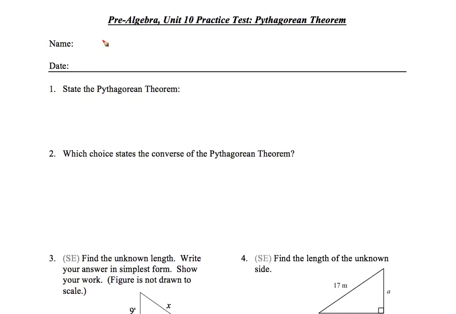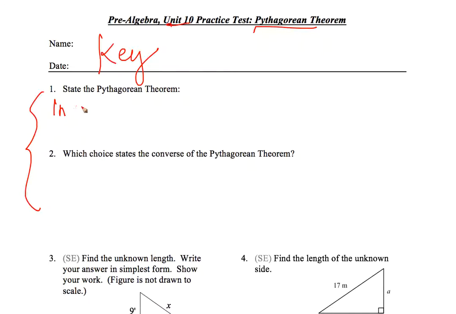All right, hi, we're going to go through the key of our practice test for Unit 10 Pythagorean Theorem. Numbers 1 and 2, there's very precise language that you need to put in these answers. There are a few variations, but basically this is what we're looking for.